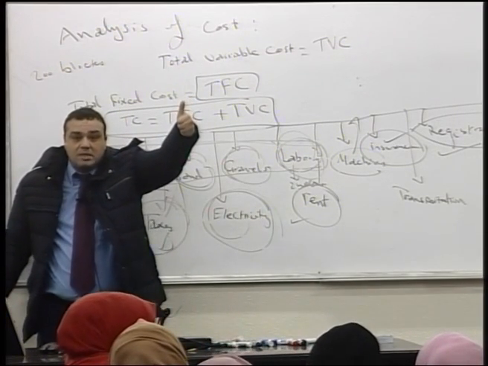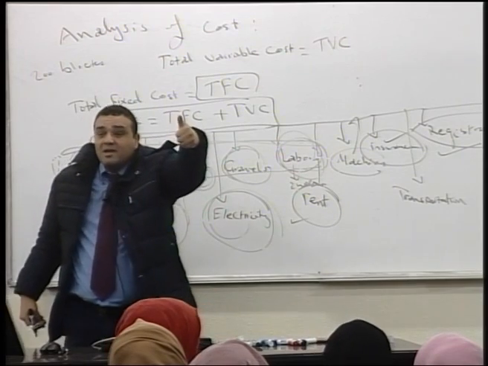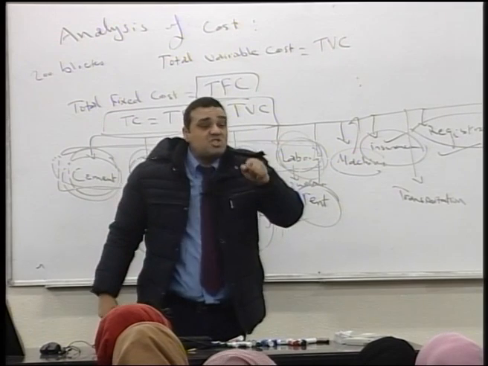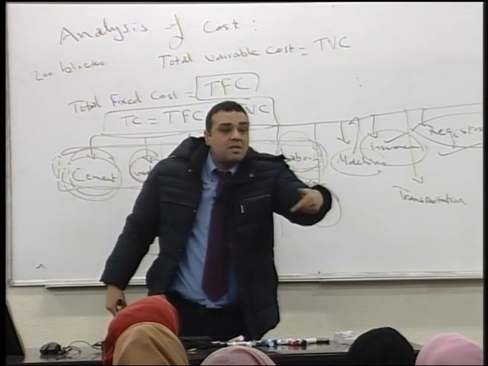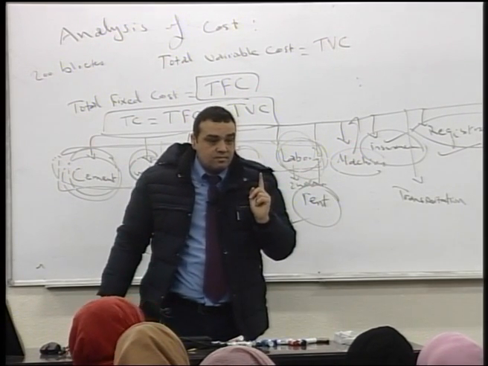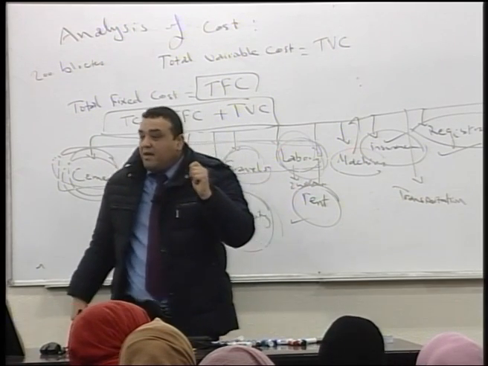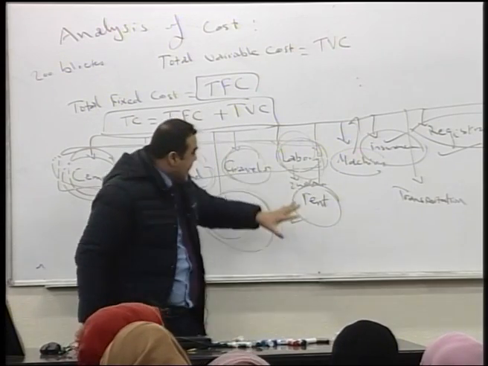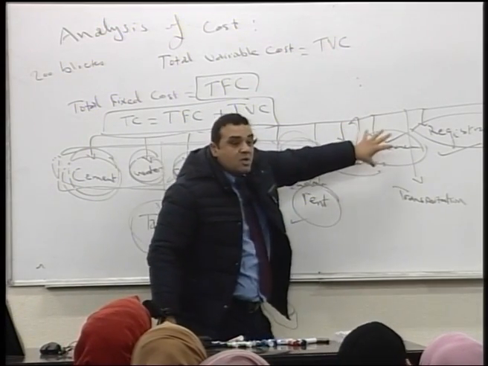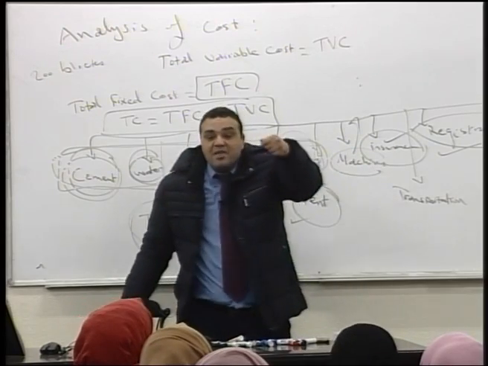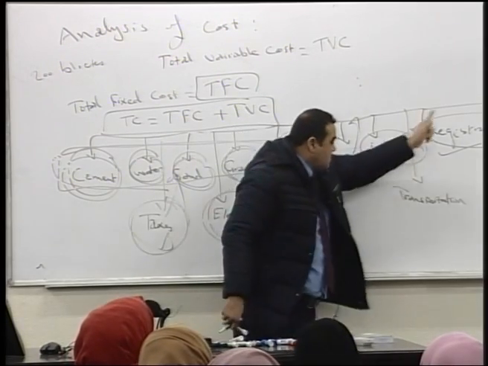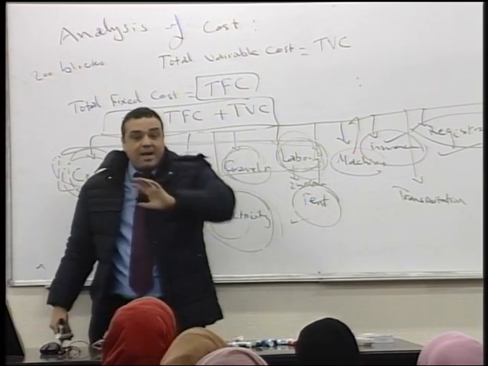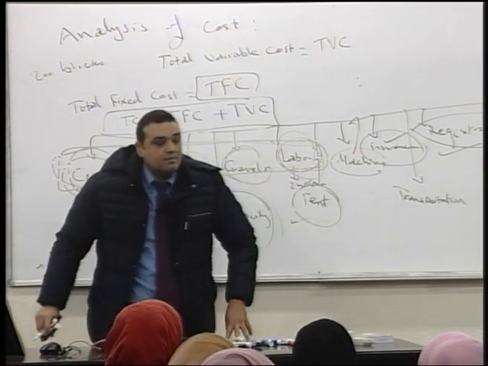Total fixed cost is the cost paid by the organization that doesn't change when the output changes. If our production increases, we have to pay the same amount of insurance, registration, and land rent in this example, regardless of our output.